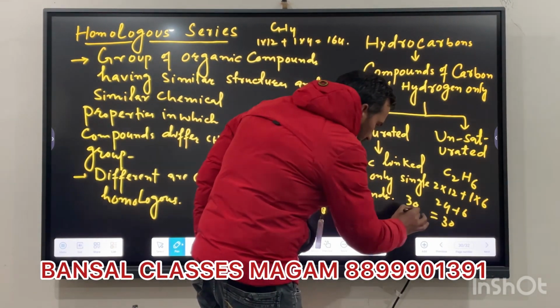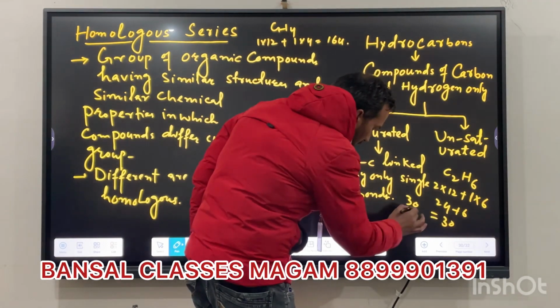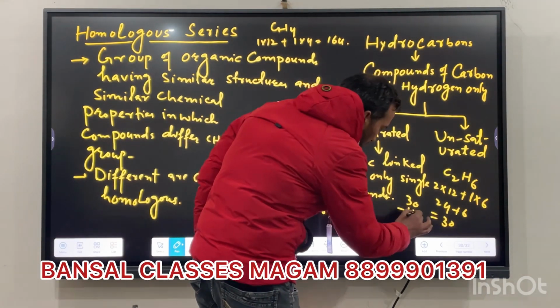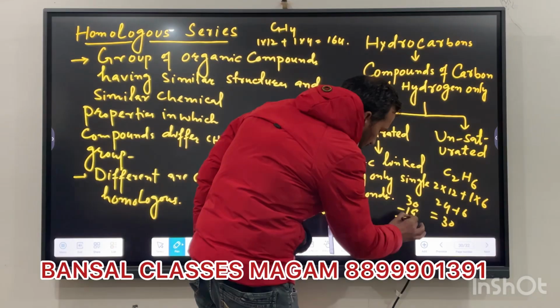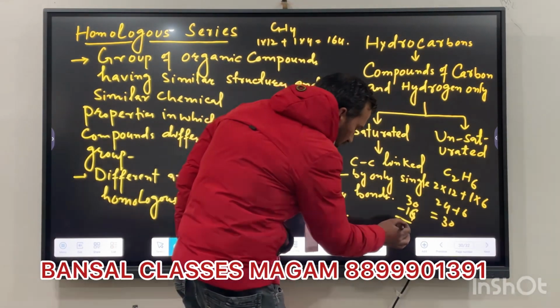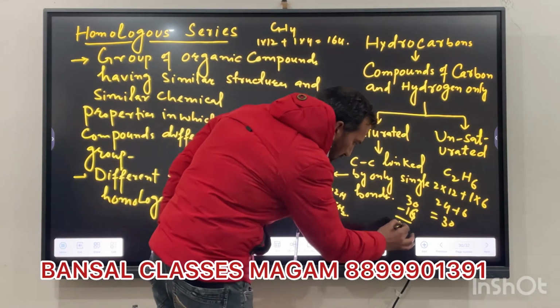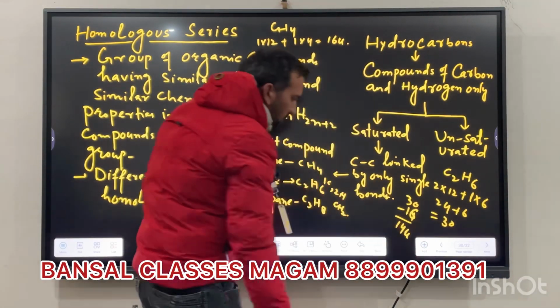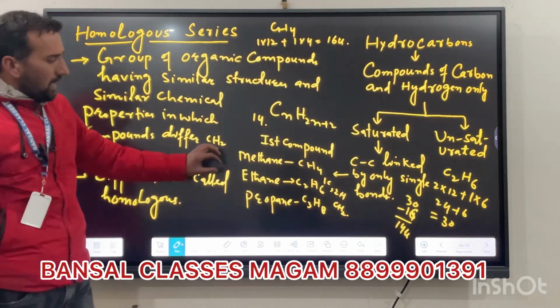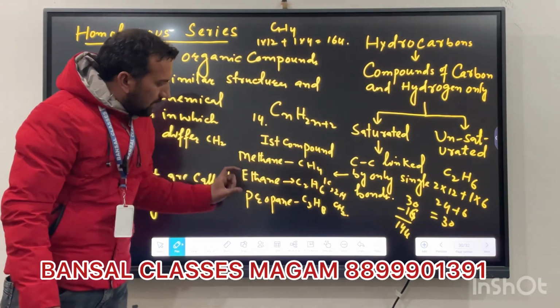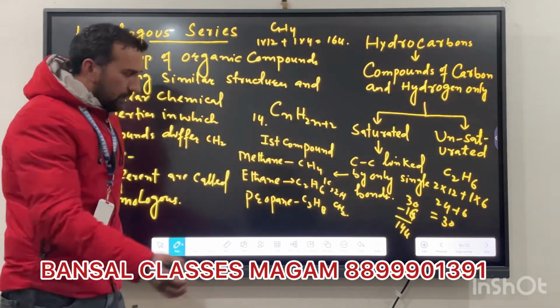If we deduct 16 from 30, it becomes 14 units. That is, there is a difference of molecular mass between two compounds of a series, that is 14 units.